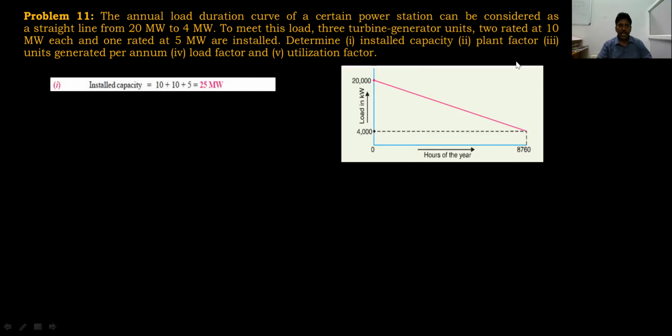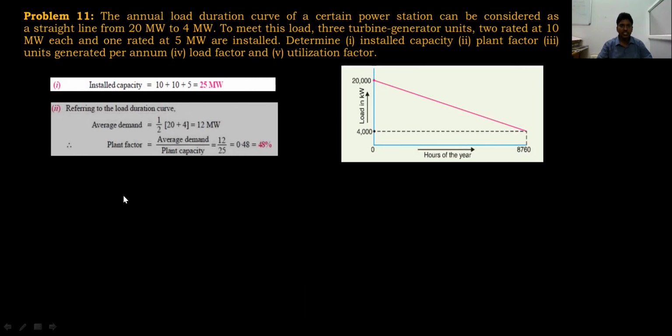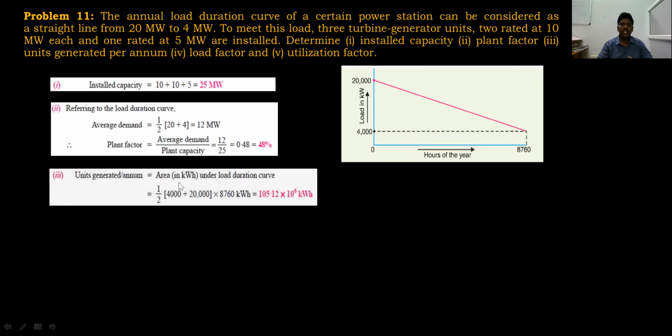The second question is the plant factor and units generated per year. Units generated per year is equal to the area under the load duration curve. The load duration curve is a straight line from 20 megawatts to 4 megawatts. Out of 1 year, 0 to 8760 hours, the load is from 20,000 to 4,000 kilowatts, a straight line as given.